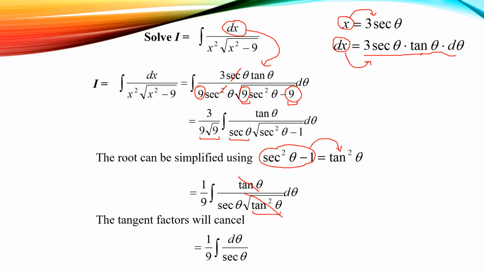But of course, the reciprocal of secant is just cosine. So 1/9 integral d theta over secant theta, 1 over secant theta is cosine. So we have 1/9 integral cos theta, and that is the end of the substitution part of trigonometric substitution.